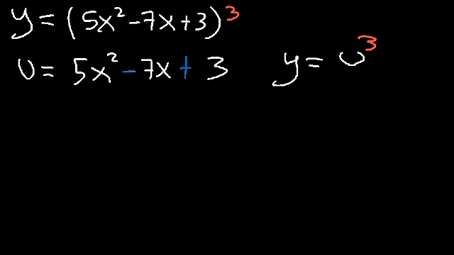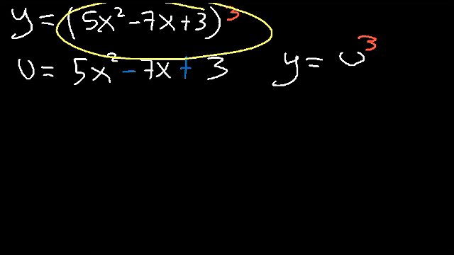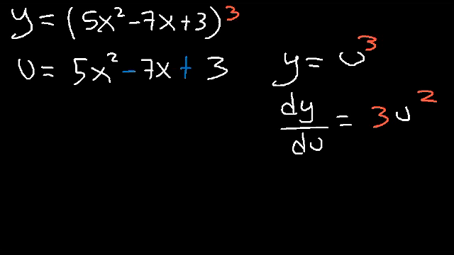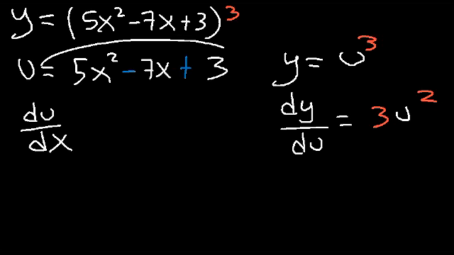Now our goal is to find the derivative of this expression, which is going to be dy/dx. So to find dy/dx, we need to find dy/du, which is the derivative of u to the third. So that's going to be 3u squared. Now we also need to find du/dx, which is the derivative of u with respect to x.